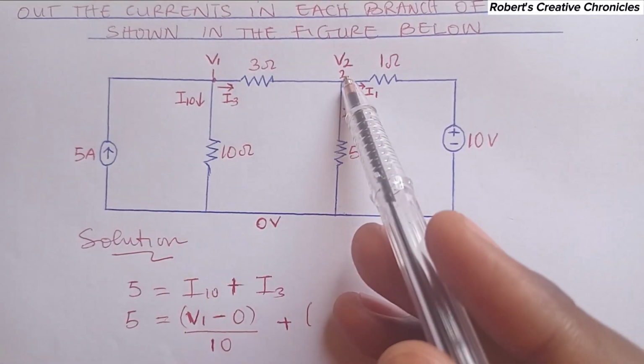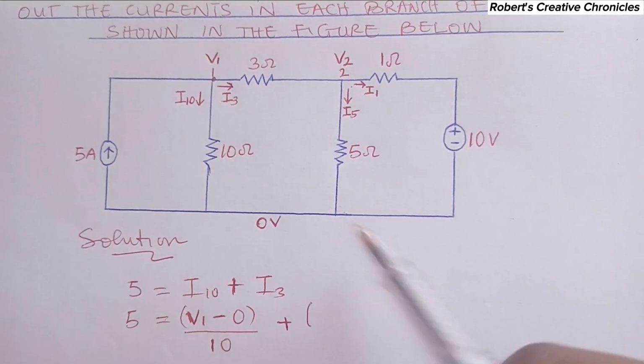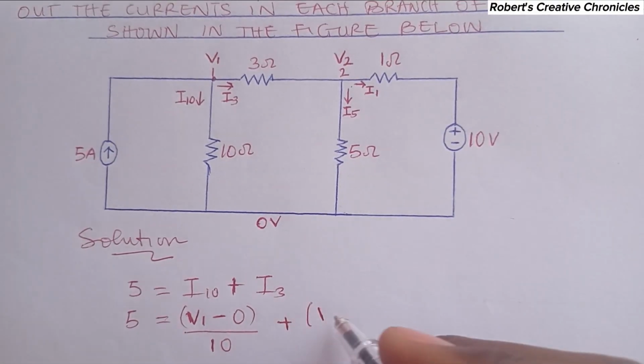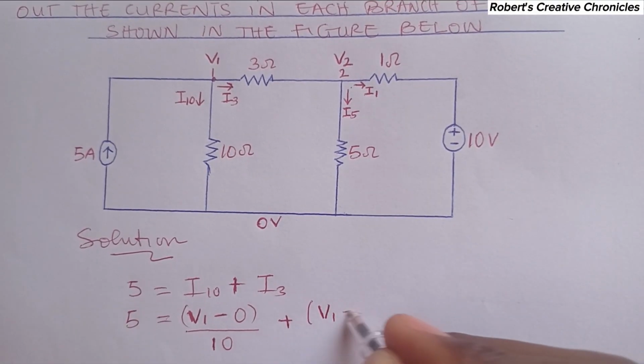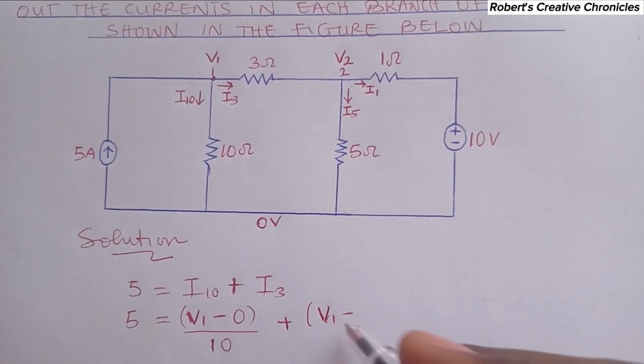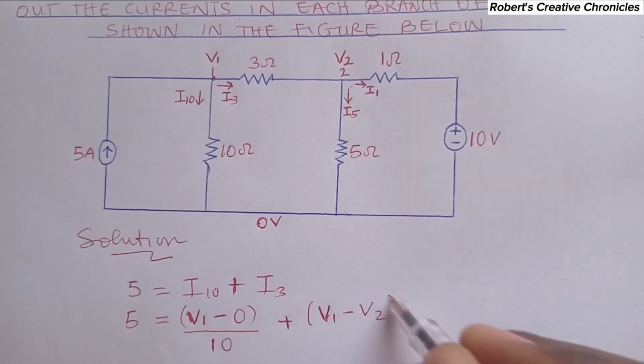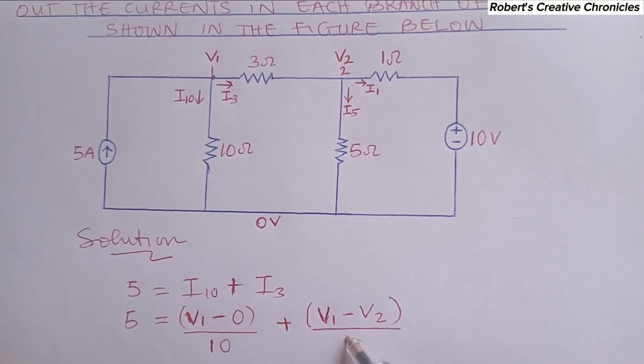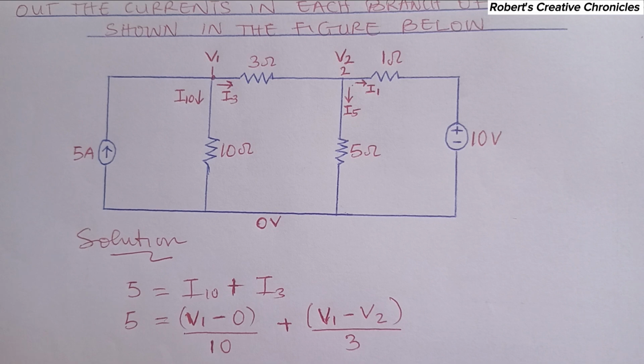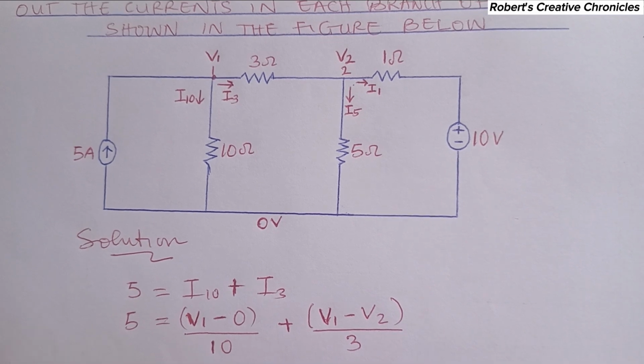It moves from higher to lower potential. So the higher potential is V1. V1 minus what? V2 over 3. So this is it.